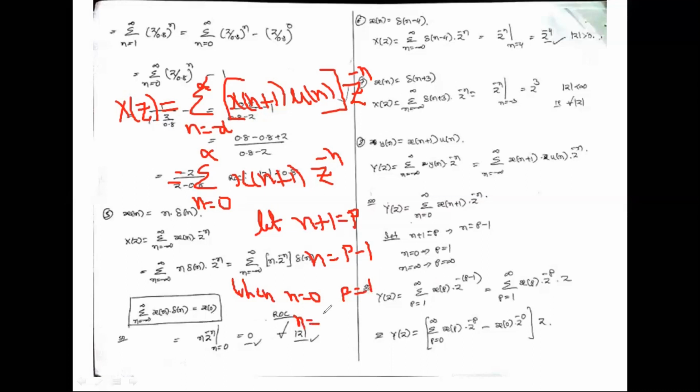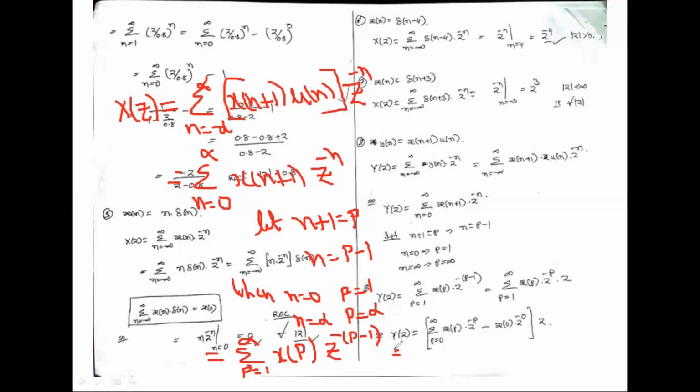When n is equal to infinity, p is equal to infinity plus 1, which is nothing but infinity only. Got it? So the function now changes with p values. p is equal to 1 to infinity, x of n plus 1 now becomes x of p, and z power minus n, where n is nothing but p minus 1.